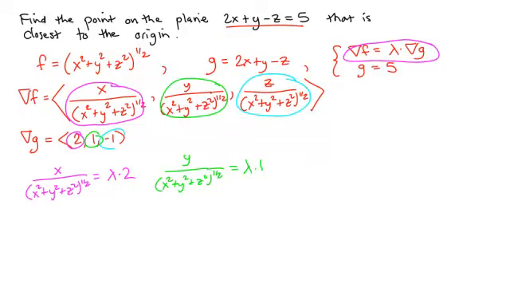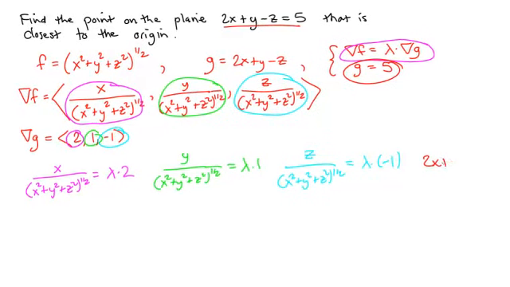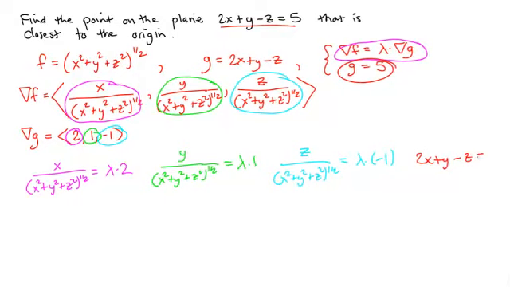And then the third coordinates should match up, so we'll have z over x squared plus y squared plus z squared to the 1/2 power is equal to lambda times negative 1. And then finally we have the constraint. 2x plus y minus z is equal to 5. So, 3 equations in 3 unknowns. Well, let's see what damage we can do with this.